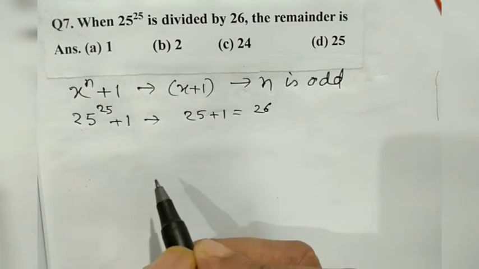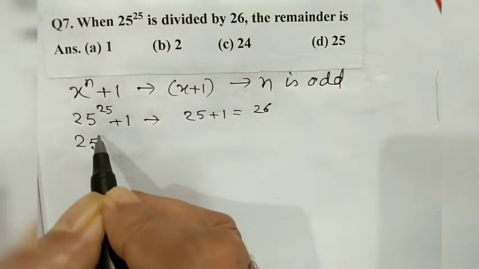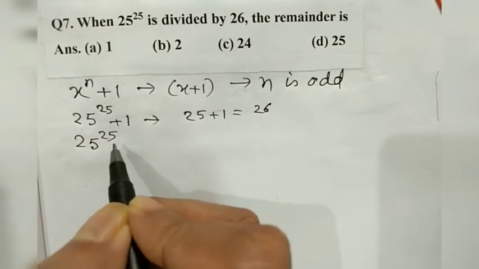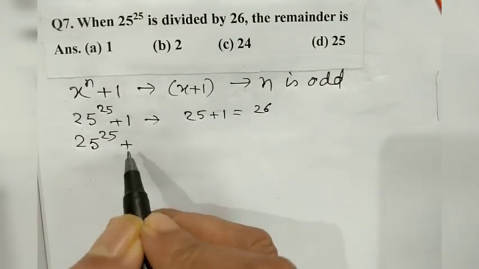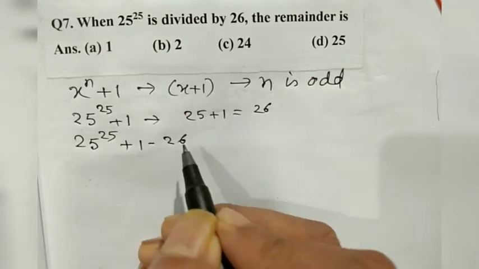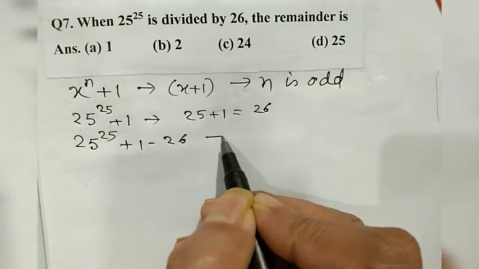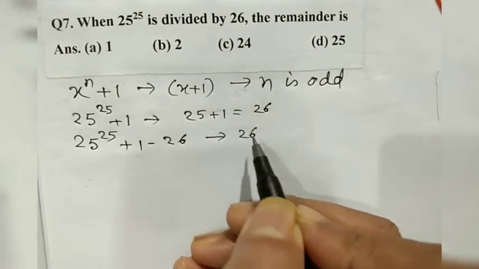Remainder is 0. Then we can write 25 to the power 25 plus 1 minus 26 is also divisible by 26.